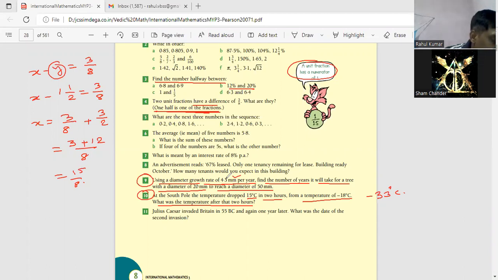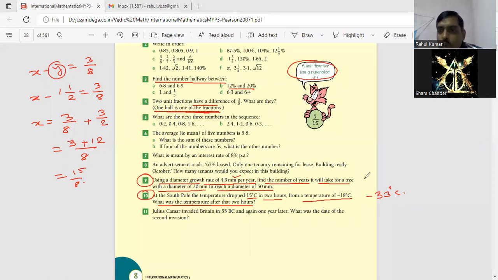Sir, 7 years. It will be between 6.5 and 7 years, because 7 years gives 50.1 millimeters. So it will be around 6.75 years, or 6 years 8 months.